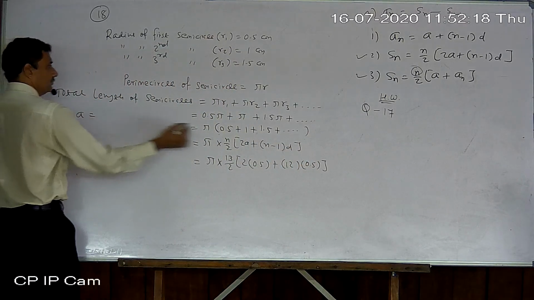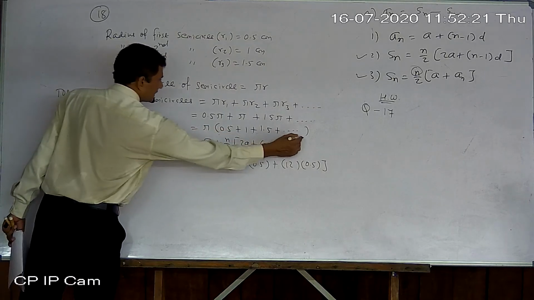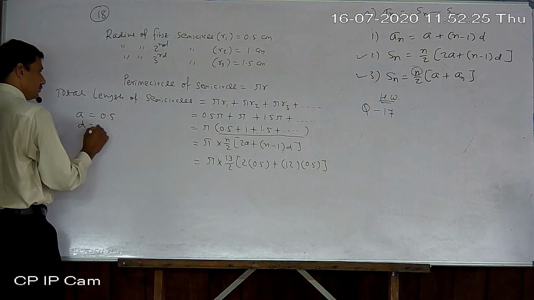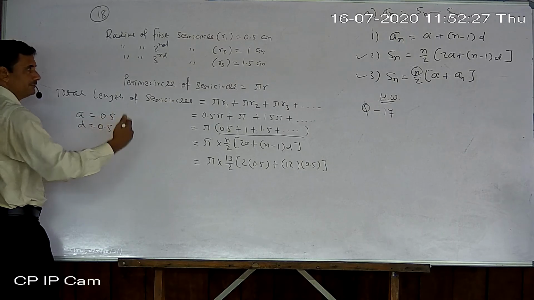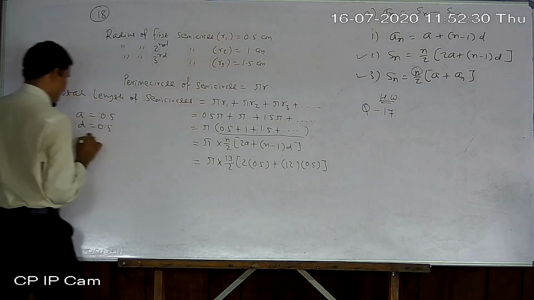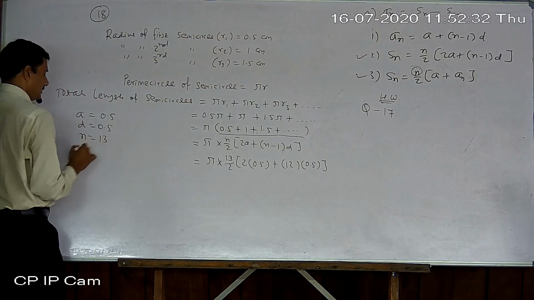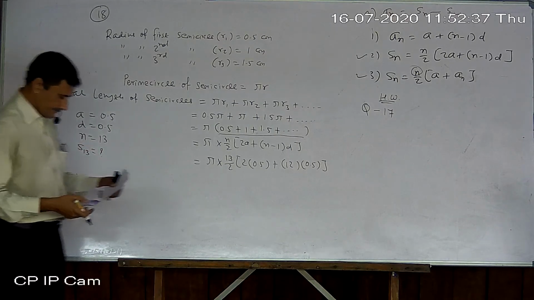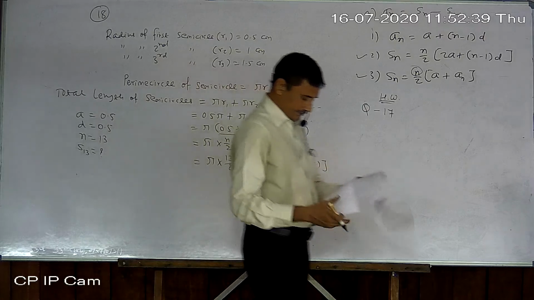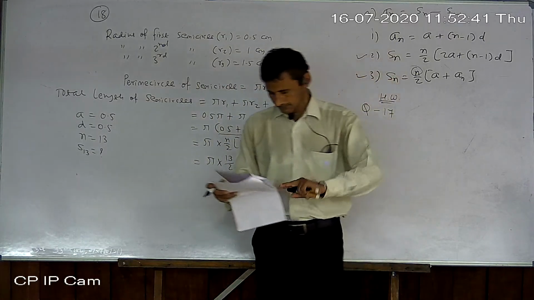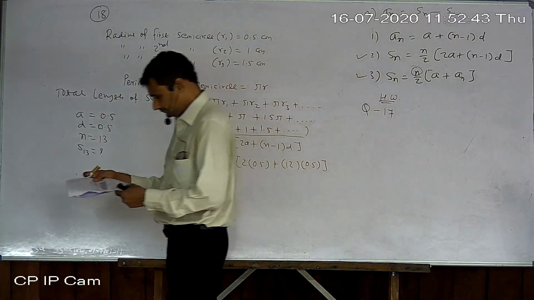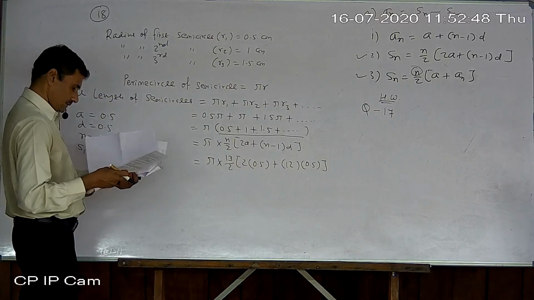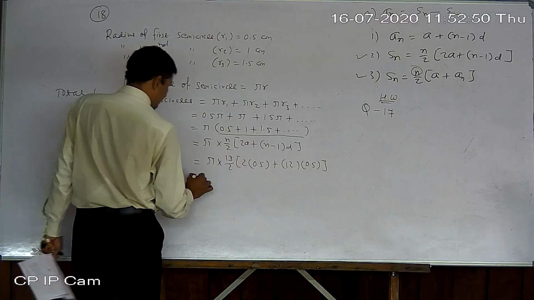Now look here. This is an AP, so a equals 0.5. D equals also 0.5. Why? Because it increases by 0.5 and starts also at 0.5. And n equals 13, since 13 semicircles are there, as given in the question. So now just simplify it.